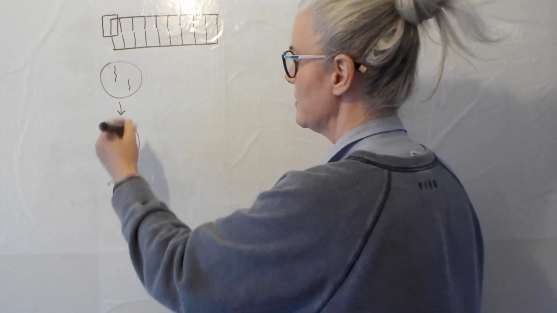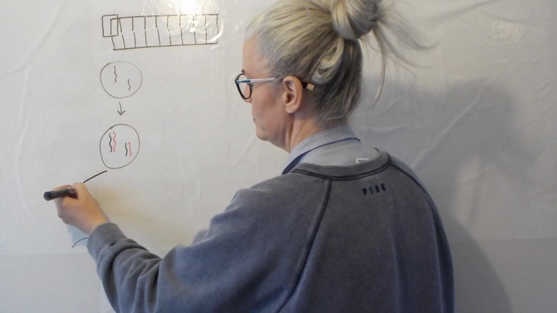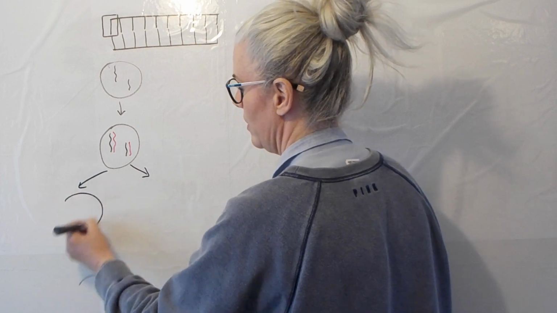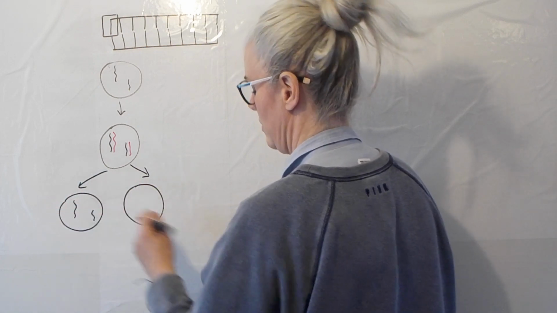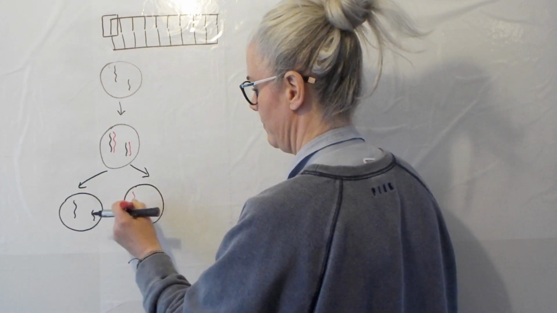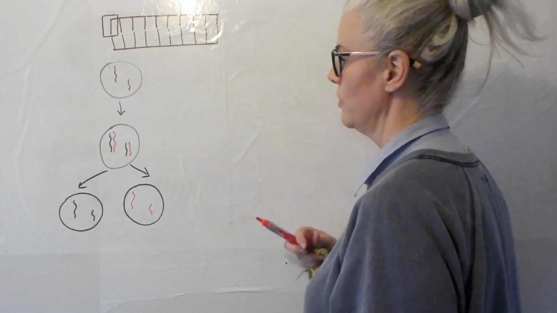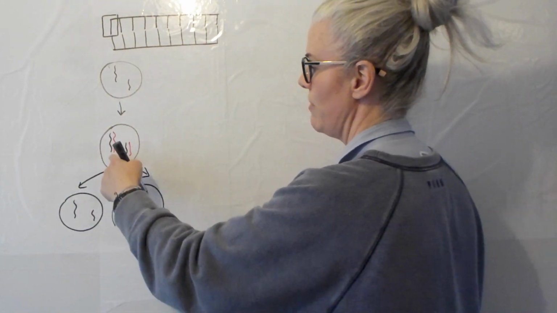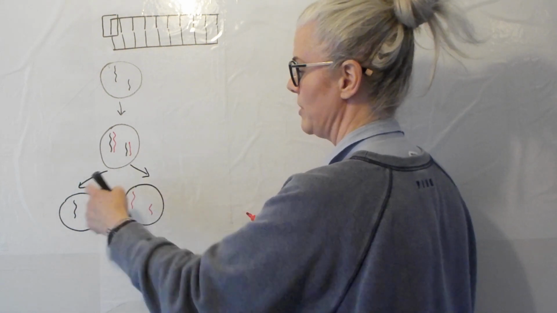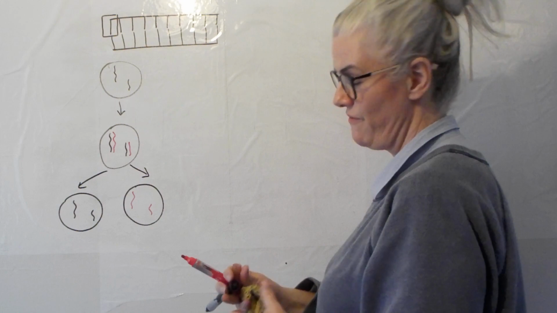So then when you split it, each cell gets a copy of the DNA. Okay, so that's our copied one. You want to make sure they are both going to be the same as that one. So you have to replicate the DNA first, so then when you split it, they both get a long one and they both get a short one, for example.